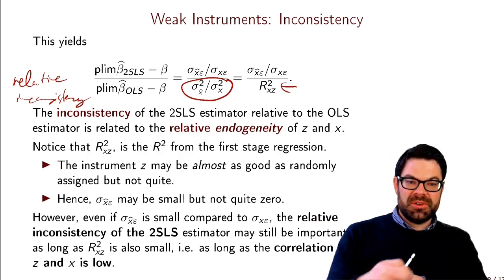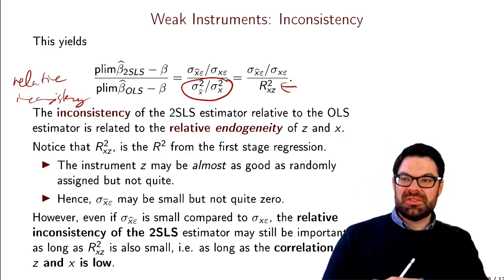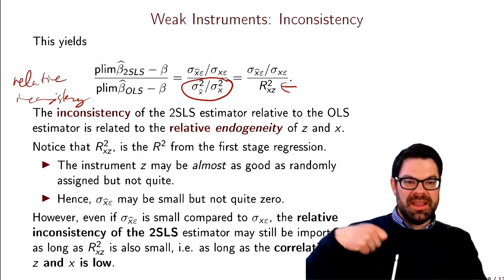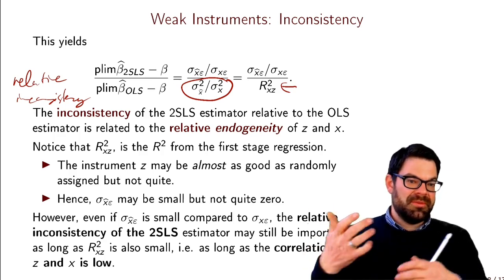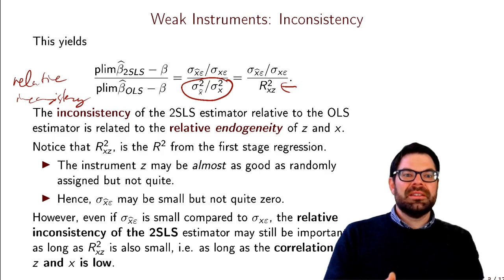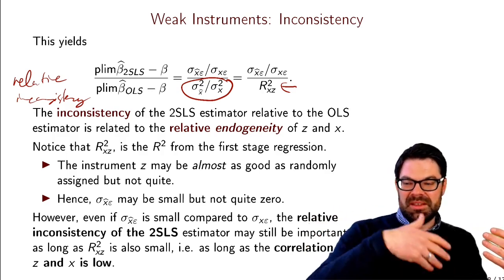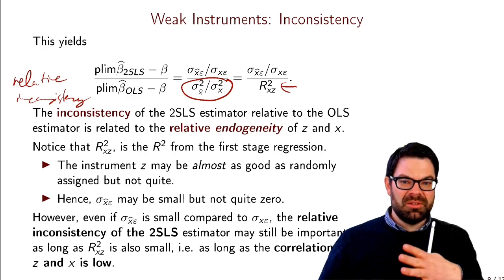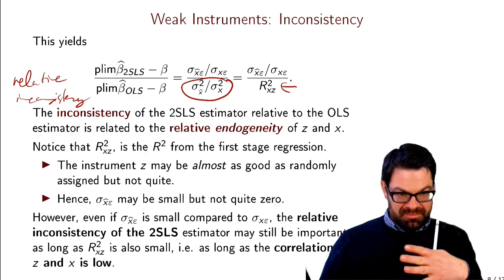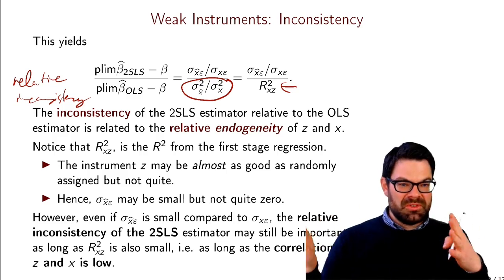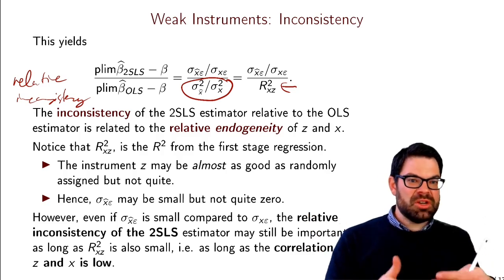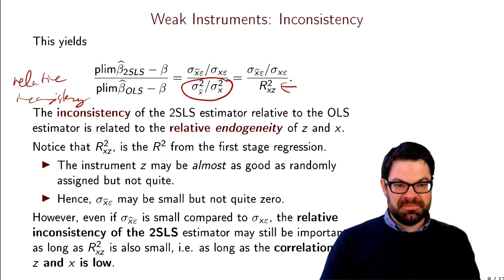So how much the first stage explains, how much the instrument explains of the regressor. If that is low, there is no correlation. If that is 1, then the instrument perfectly explains the regressor. So again, this r squared is just a measure of the strength of the instrument.